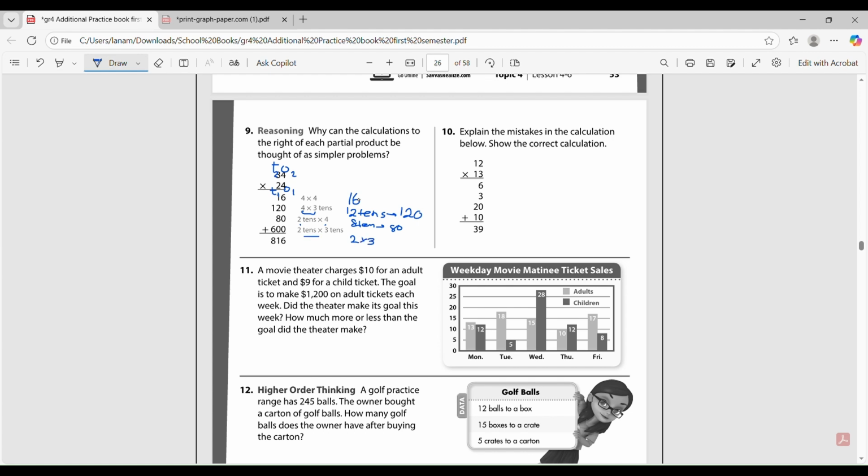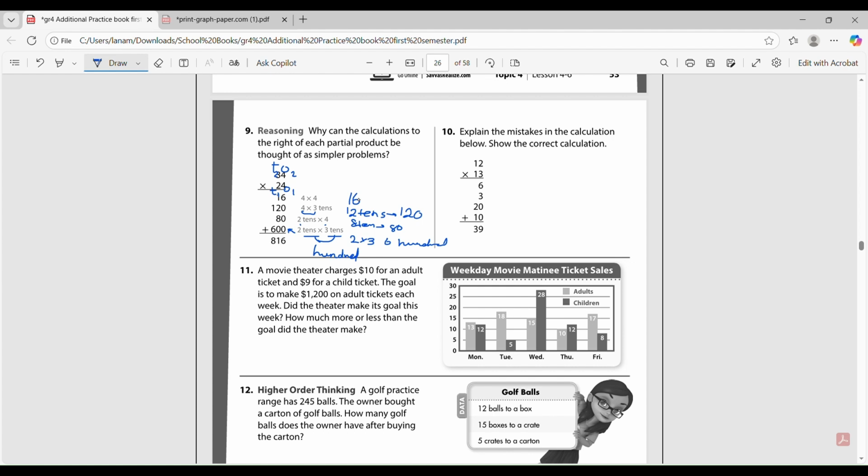Now tens repeated 10 times means 100. So I'm going to say 600. Okay, this is how we write the numbers over here using the numerals. So 16, 120, 80, and 600.